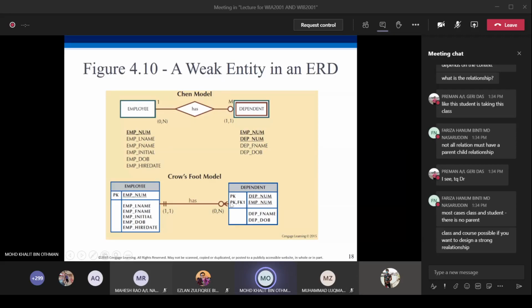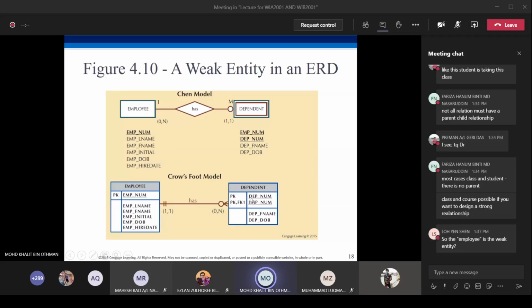It is the FK and PK for the dependent entity, where employee number is also the primary key for the employee entity. Okay.